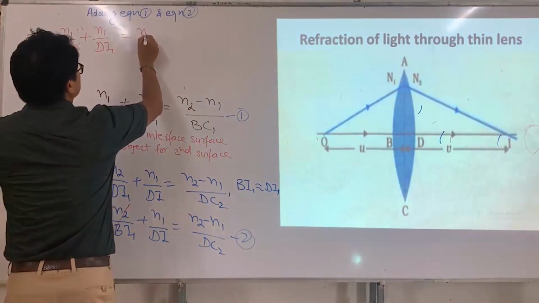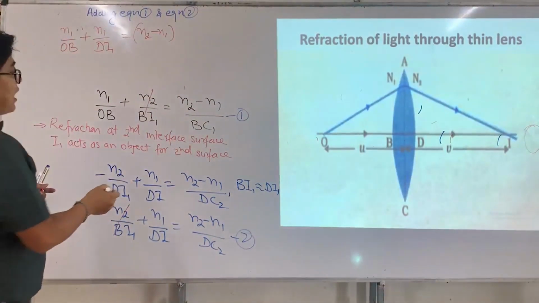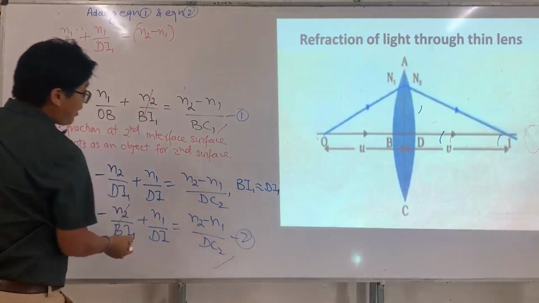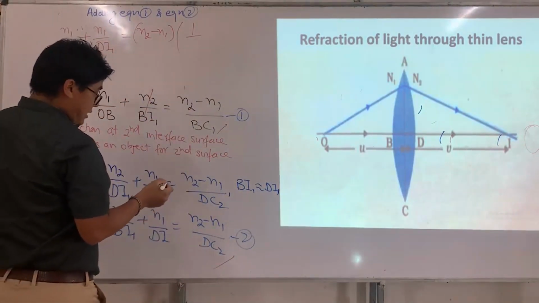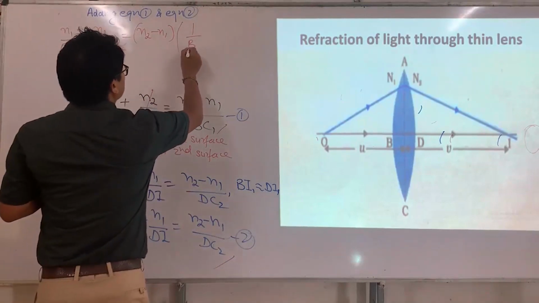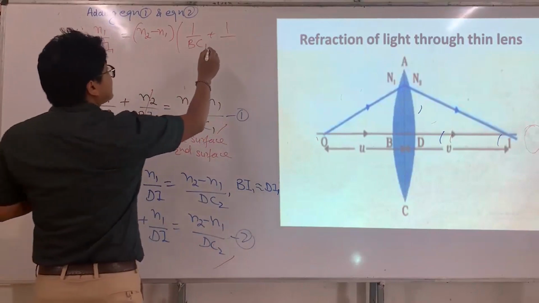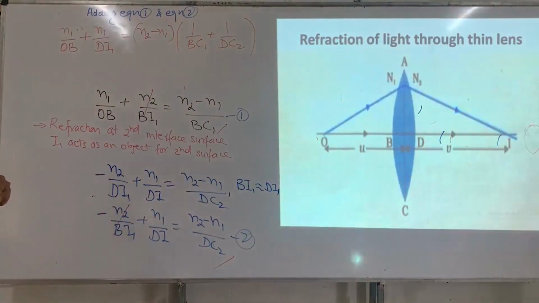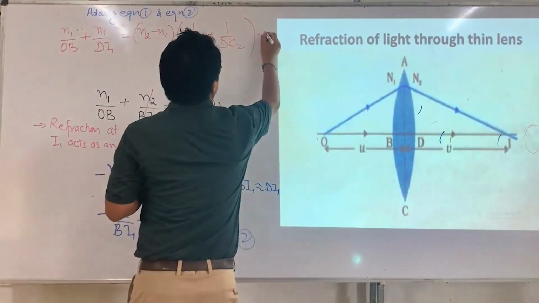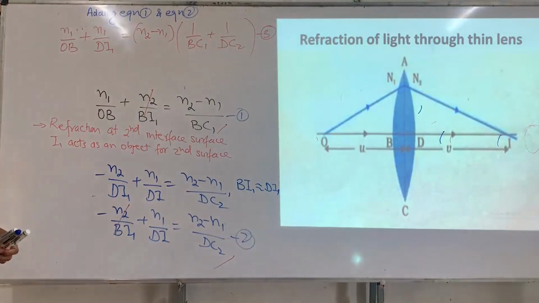These two are equal, n2 minus n1 I can take common. I'm going to add up these two, and this is equal to 1 by bc1 plus 1 by dc2. This is the equation. Let's say this is equation number 3.